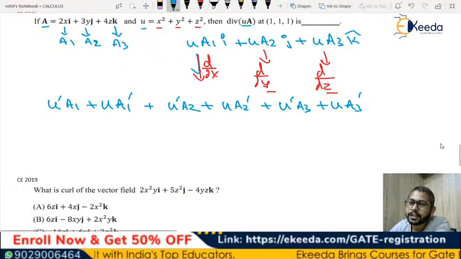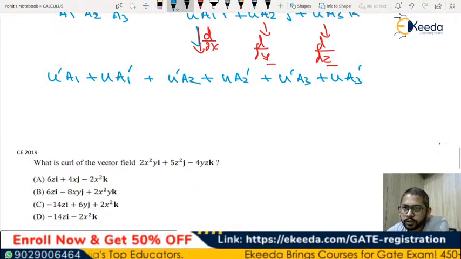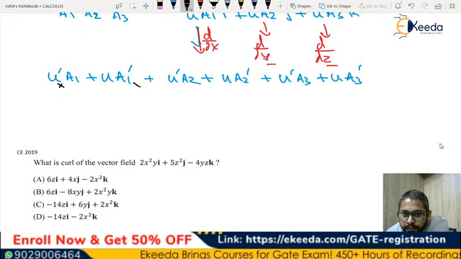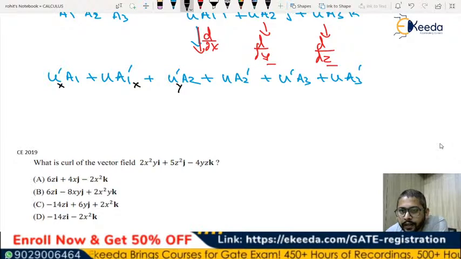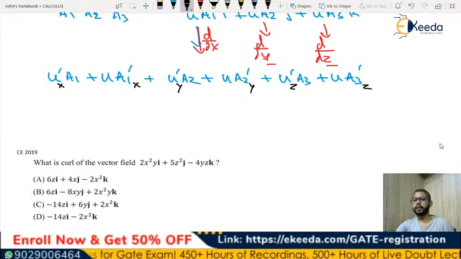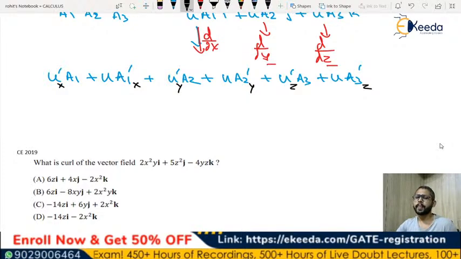What I didn't mention, and it should be understood, is that these differentiations are with respect to x, x, y, y, z, and z. Yes, that is what we have to do here.